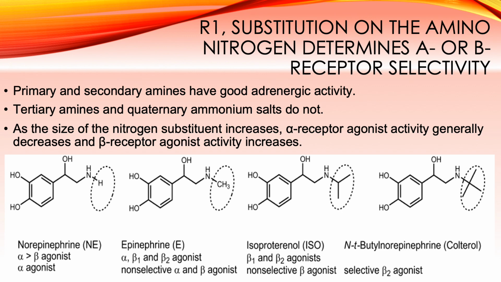Now, as I've mentioned, if our R1 increases or if it contains branching or it contains aromatic, it favors beta receptor. So it depends now. If it contains aromatic, it favors beta receptor, and specifically it will become beta 2 selective.